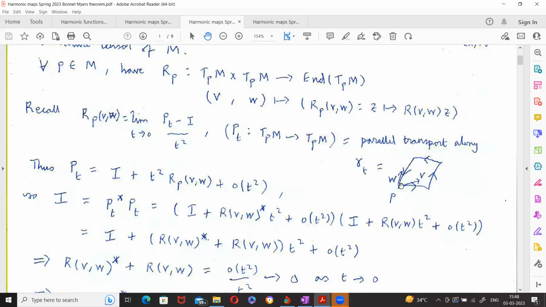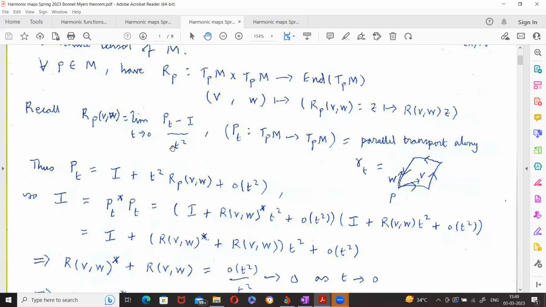Because the bracket is 0, this quadrilateral closes up. It gives me a closed curve, which I call gamma_t. Then I take P_t to be parallel transport along this quadrilateral, and one can show the curvature R(V,W) is equal to the limit as t tends to 0 of (P_t minus I) over t squared.